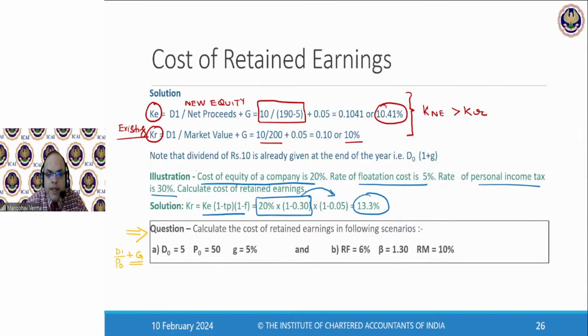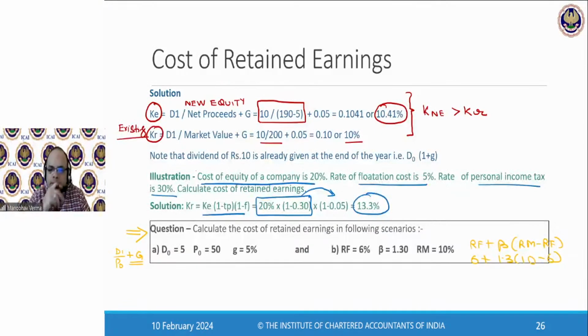Whereas for option B, it was pretty straightforward. We are looking at RF plus beta into RM minus RF. That is the market risk premium. So scenario B seems to be 6 plus 1.3 into 10 minus 6.